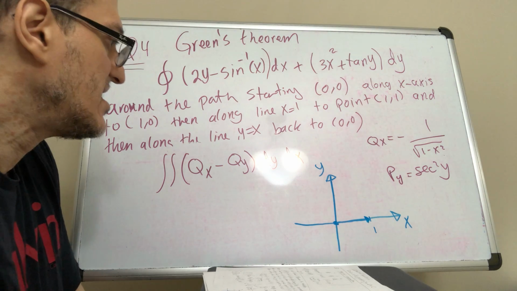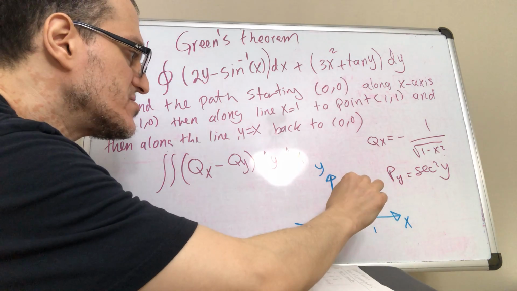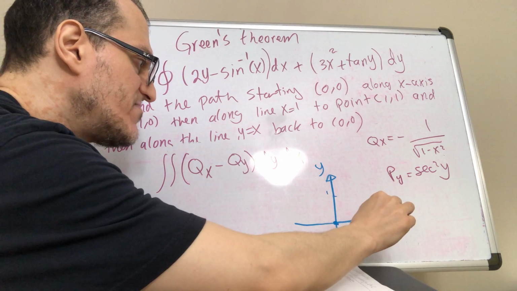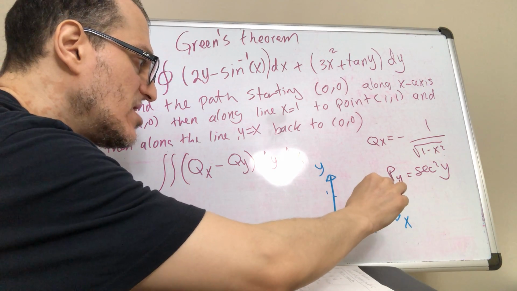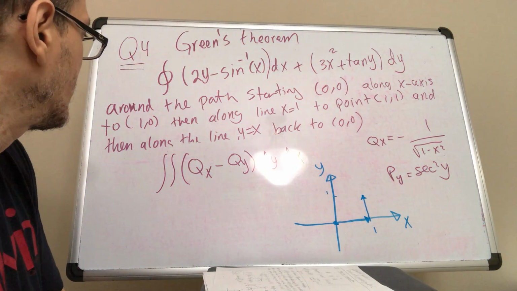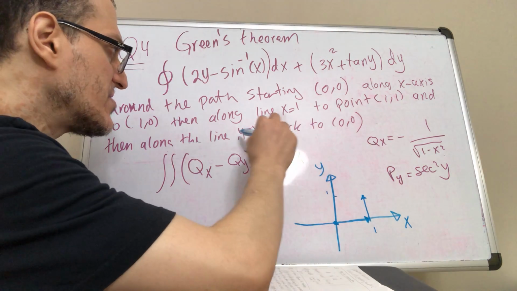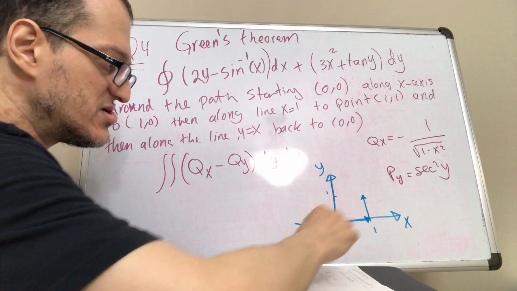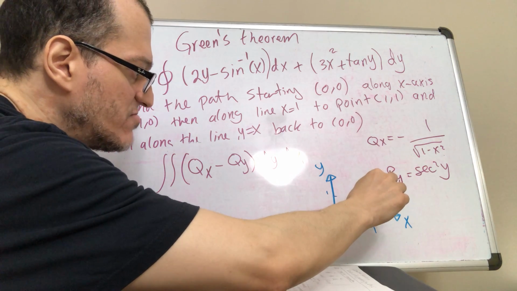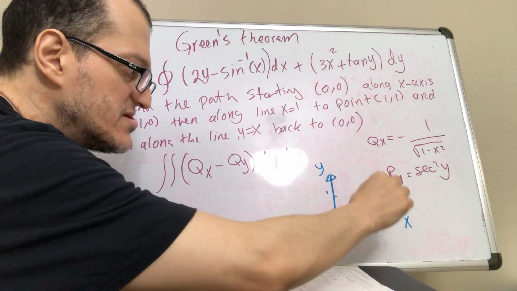And then along x equals 1, you go straight up till you get to point 1, 1. And then you go along the curve y equals x, which is this line, back to point 0, 0. So you go this way.